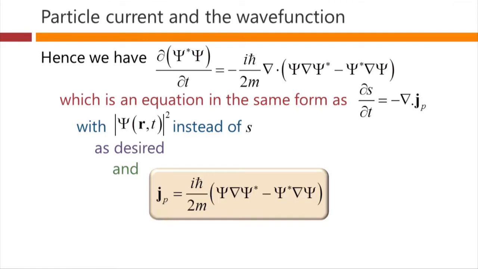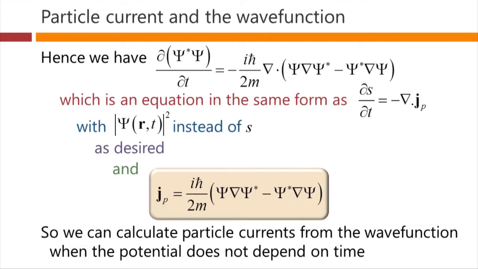And now we see what the particle current is going to be. So we've got this form of equation. This is, as we wanted, the rate of change of the probability density. And this equation then enables us to identify what the particle current is in quantum mechanics. And it's this expression here.